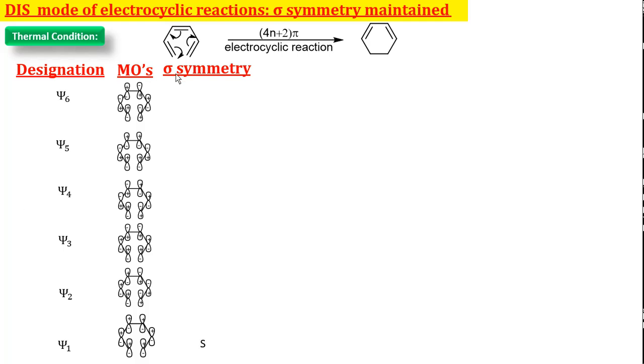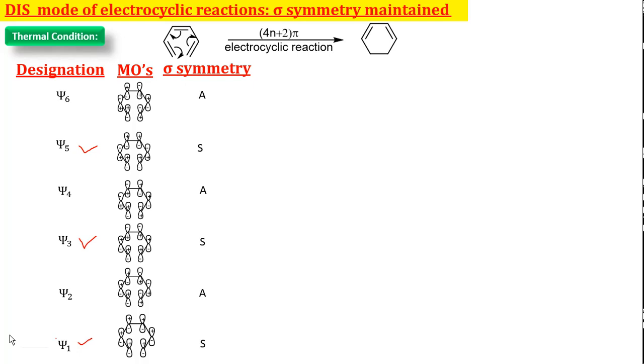For sigma symmetry, molecular orbitals with odd numbers like psi 1, psi 3, psi 5 are symmetric, and the remaining are asymmetric. You can see odd number molecular orbitals are symmetric, even number molecular orbitals are asymmetric with respect to sigma.